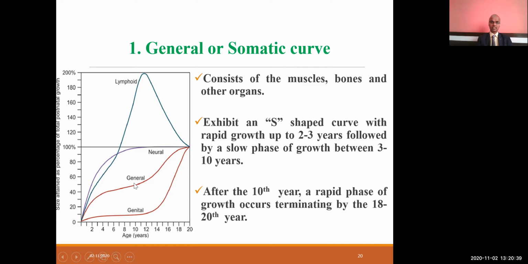And after 10 years, you can see there is a sudden increase, a rapid phase of growth occurs and terminating by 18 to 20 years, where it is about 100% of growth. Means the growth is nearly completed.